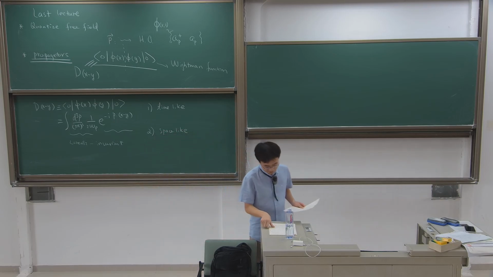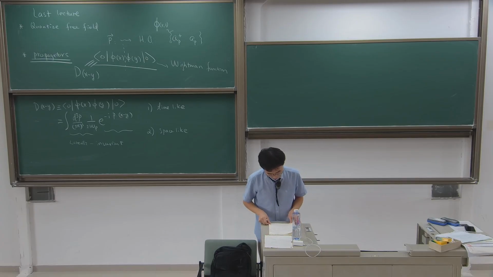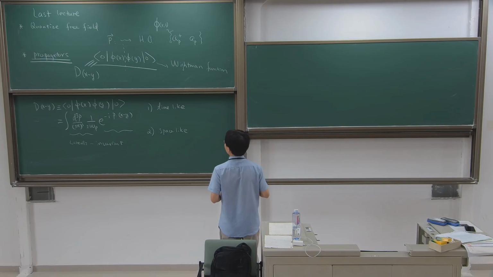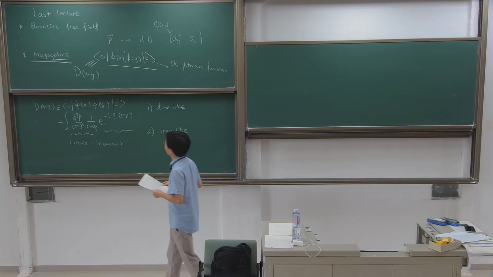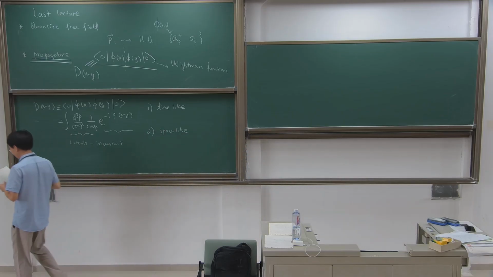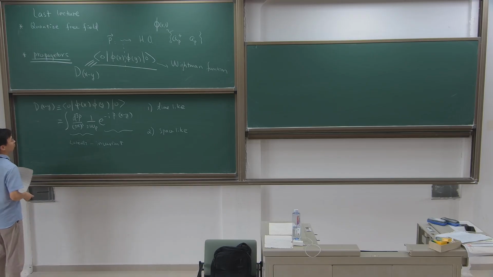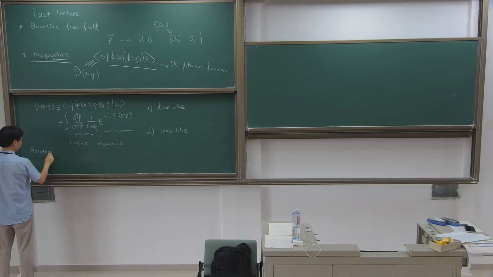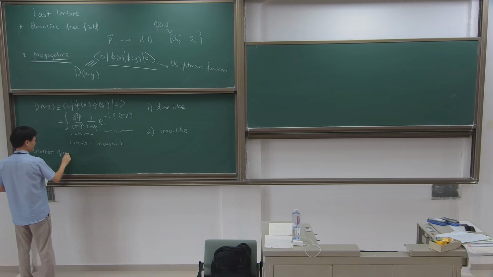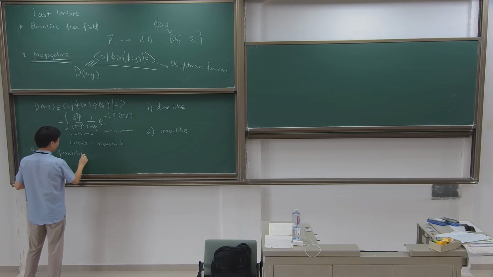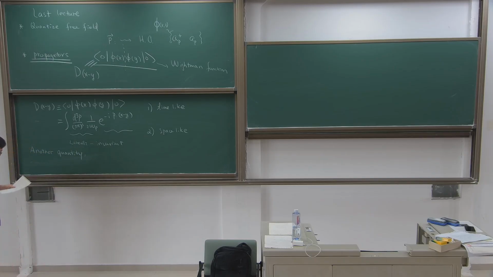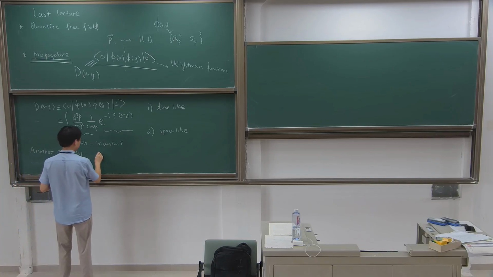So this is what we learned in the last few minutes of last week's lecture. Instead, we will continue to talk about the propagator today. Another important quantity we can look at is the commutator.